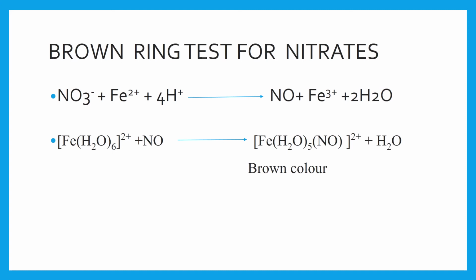This is the cause for formation of a brown ring at the junction of the two liquids. So this confirms the presence of nitrate. Along with this brown ring that is formed, the complex formed will also produce some amount of water.